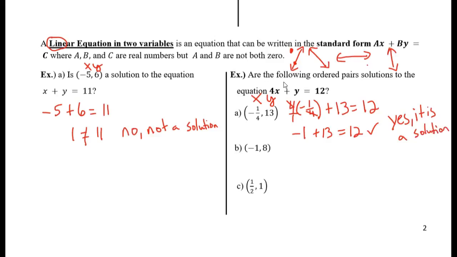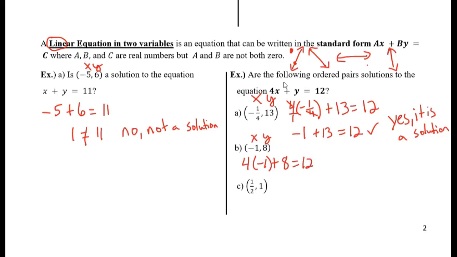Let's try the next example, B. Again, ordered pairs go x, y. Same linear equation, this is the same example, just a different ordered pair. I'm going to replace x with -1 now, y with 8.